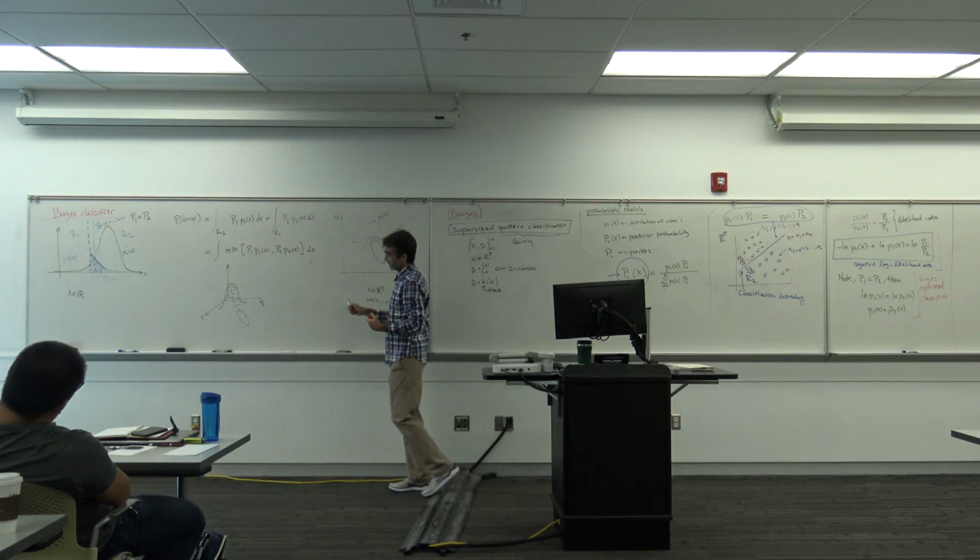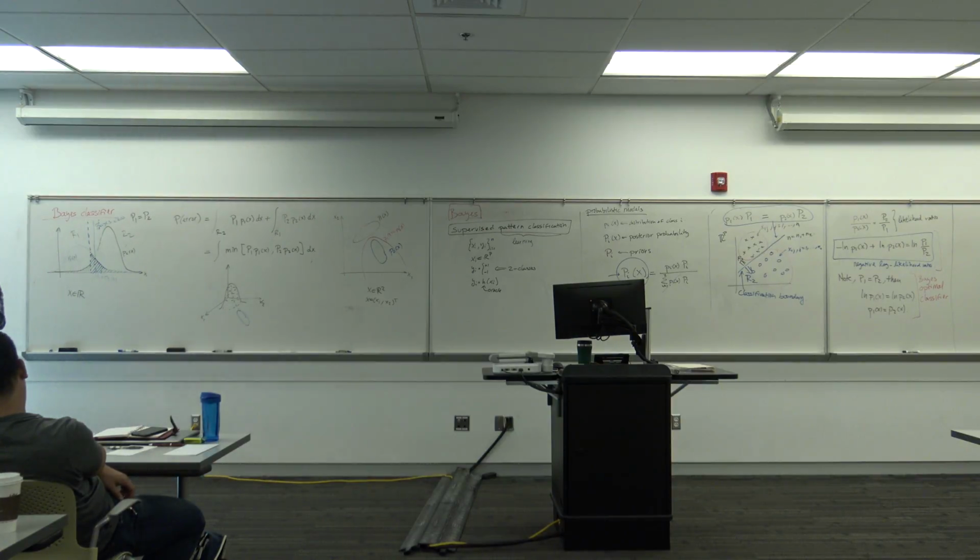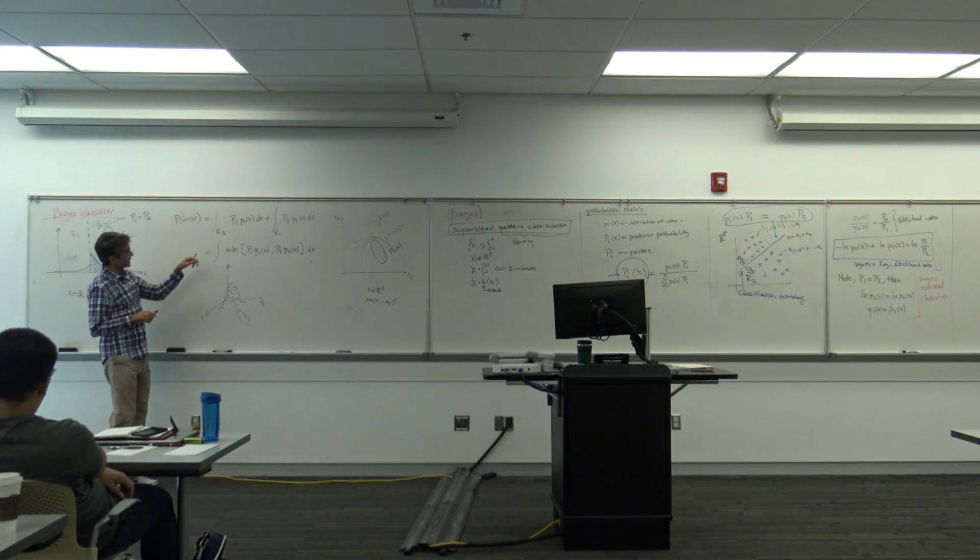What's the difference between this and this? That classification boundary is nonlinear. It's a nonlinear function. So now the problem is that I need to integrate a nonlinear function.